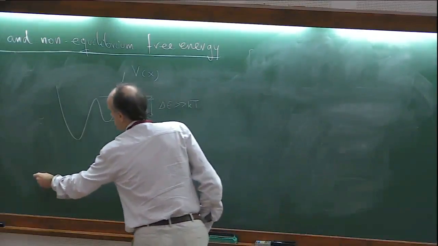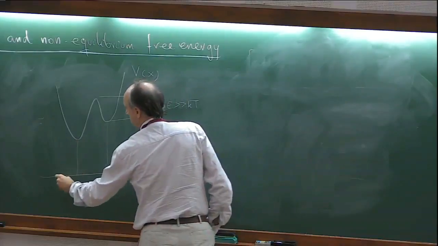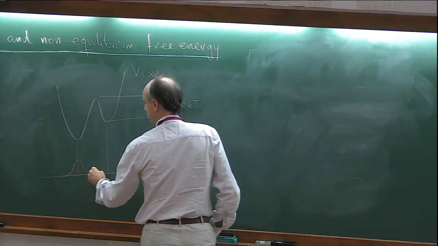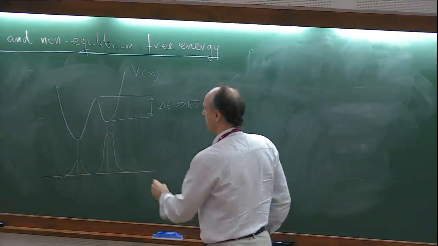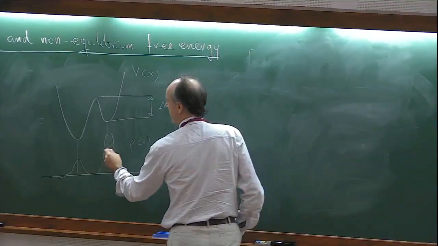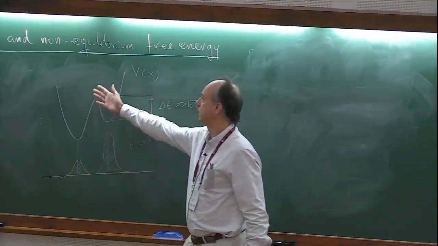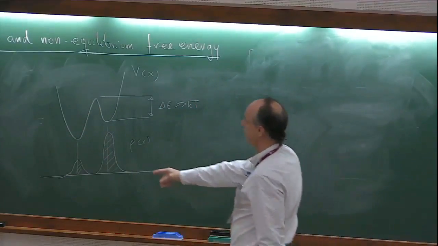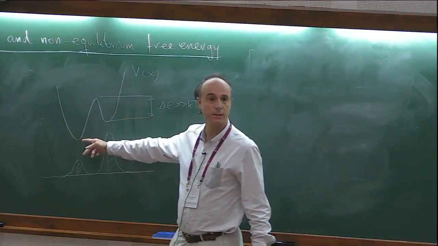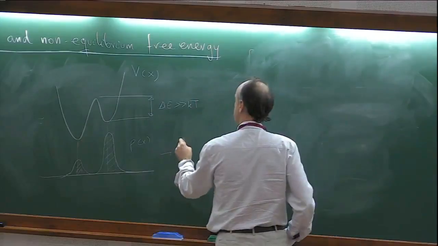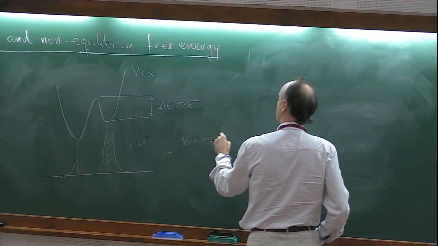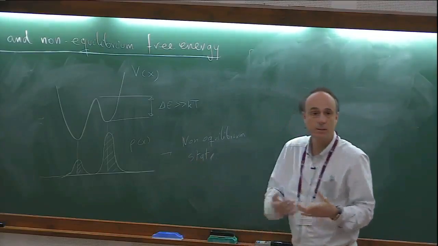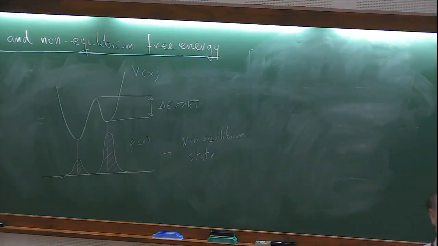And I have a state which can be in local equilibrium in each well, like this. But this is clearly out of equilibrium, because in equilibrium, the thermal state should have much more population here than here, because this has less energy. This is a non-equilibrium state. But it doesn't relax. It is very robust.